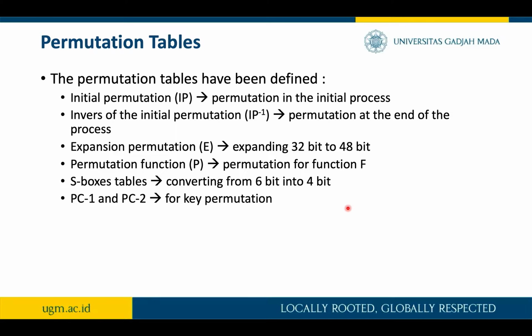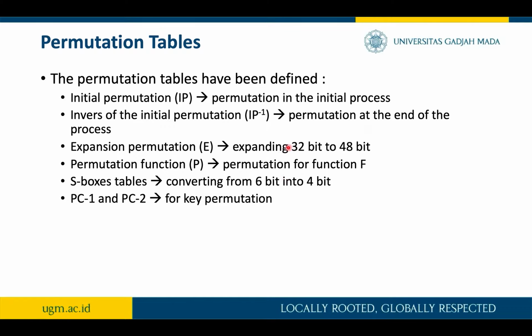For the permutation, there are already six tables determined by the standard. The first one is the initial permutation, used in the initial process. The second one is the inverse of the initial permutation, used in the last phase. There are 4 other tables: expansion permutation, permutation function, and S-boxes.